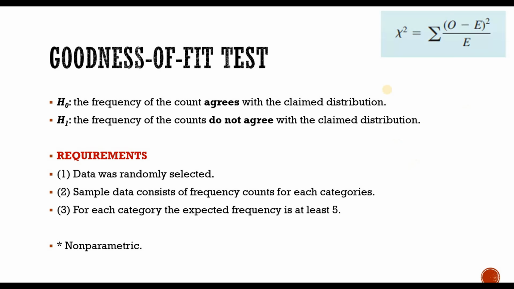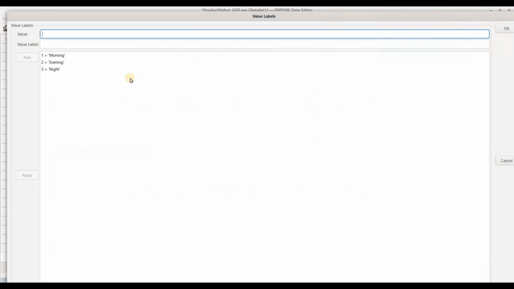For example, in our data set we have 3 shifts, so it's expected that you have counts for each shift: morning, evening, and night. You have to ensure that at least 5 defects were found during each shift.